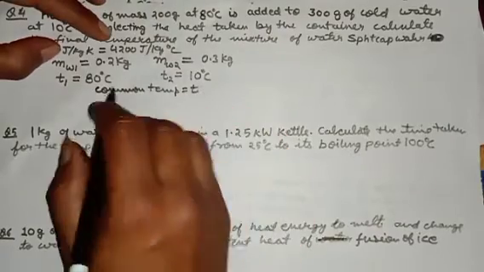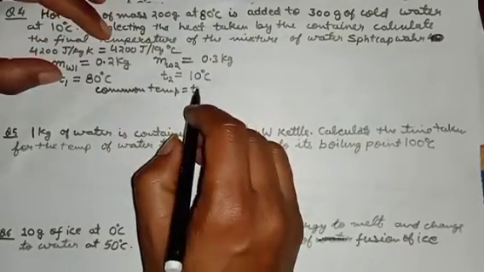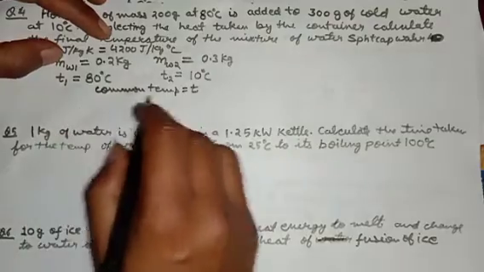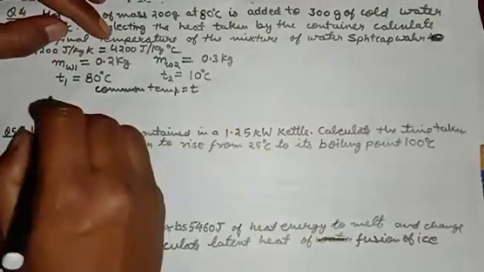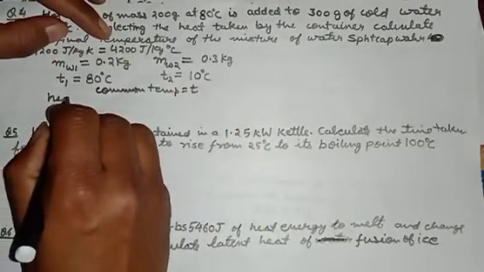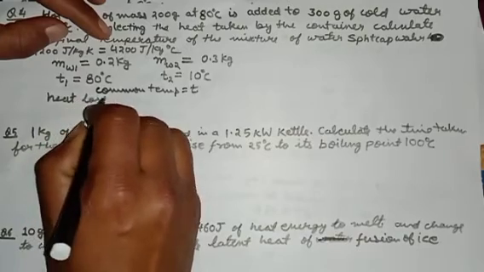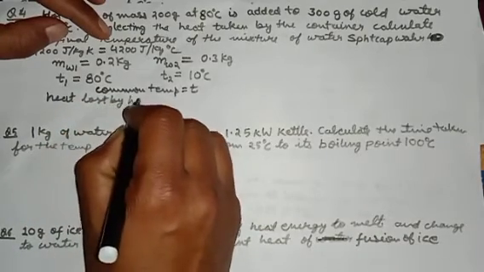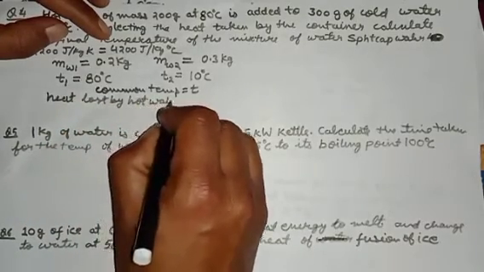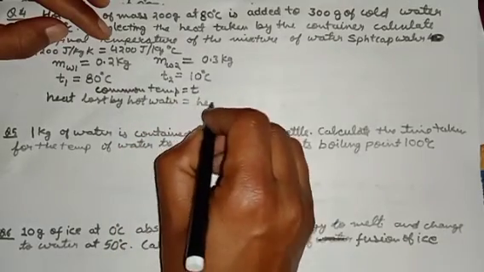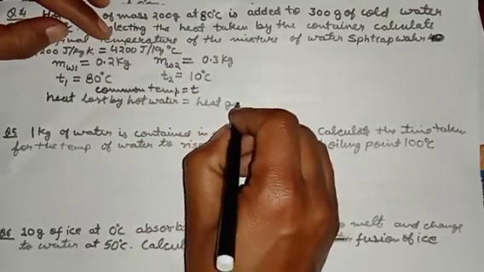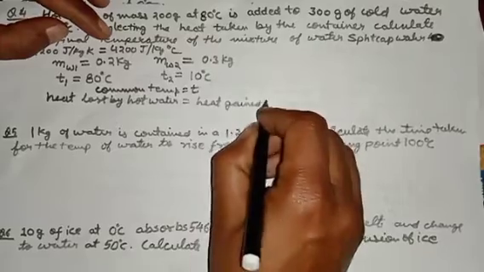If I would convert them into Kelvin, my answer would be in Kelvin. So if common temperature is T, then heat lost by hot water is equal to heat gained by cold water.